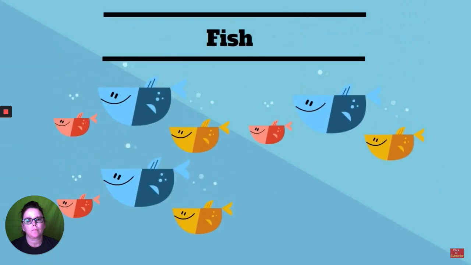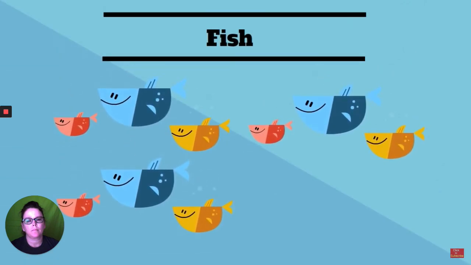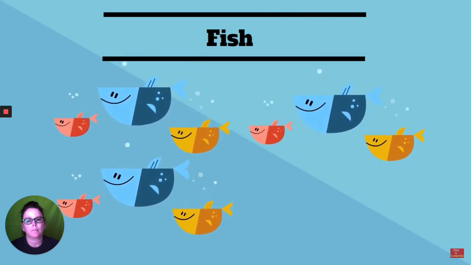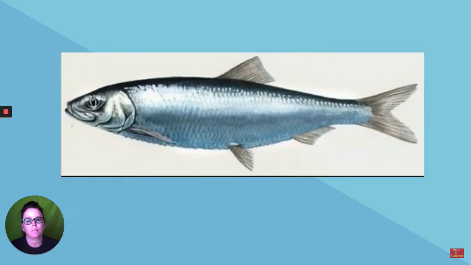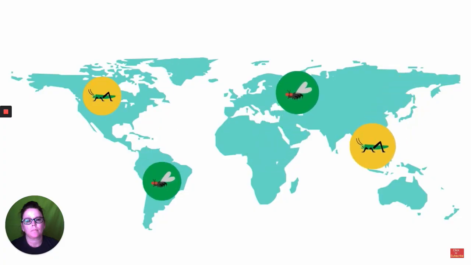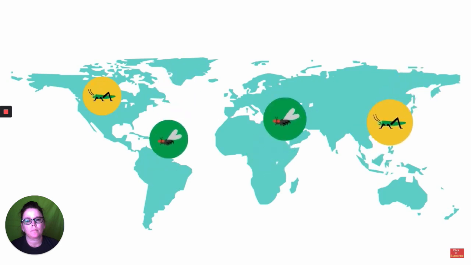In fish, about 120 species of fish, including some salmon, will migrate each year between saltwater and freshwater. Herring migrate around parts of the North Atlantic Ocean. Insects even migrate. Some winged insects such as locusts and other flying insects such as butterflies will migrate each year.